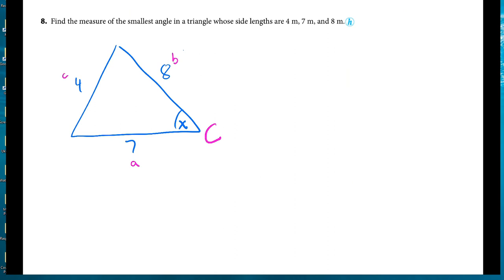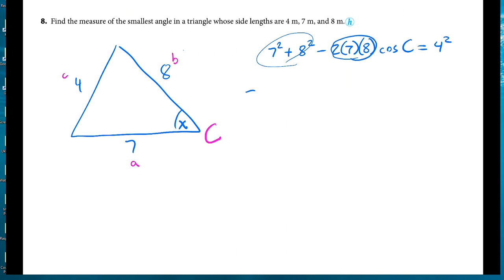And so now using our equation, we get A squared plus B squared minus 2AB cosine of, and sure, let's call it C, equals c squared. And so now we're going to solve. So I'm going to first subtract these from both sides. So we get negative, and why not multiply this out? Okay, so that's 56 times 2, so 112.